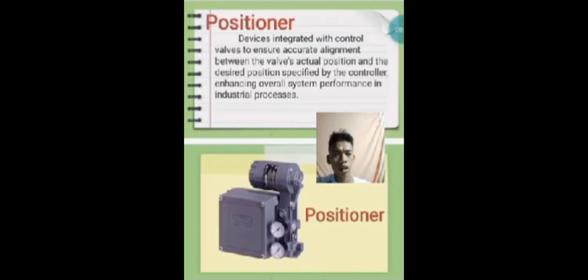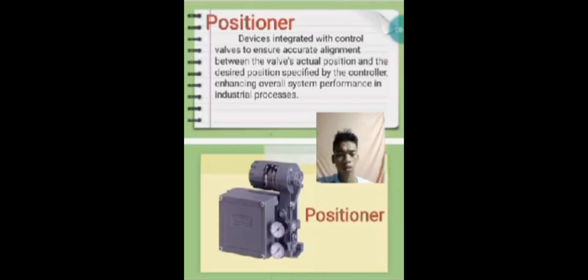Different styles are available depending on the type of control valve. All positioners require two things for proper operation: input and feedback. Input is the control signal that provides a set point. Feedback indicates the current valve position.